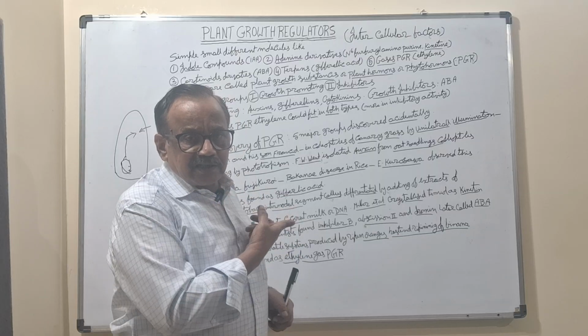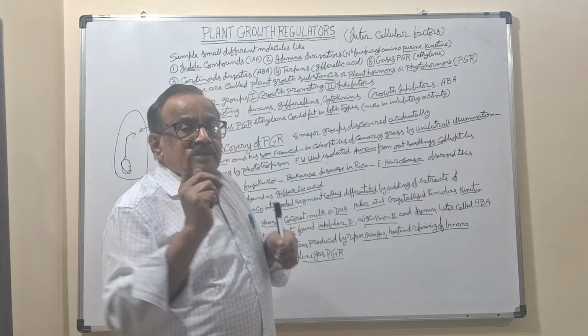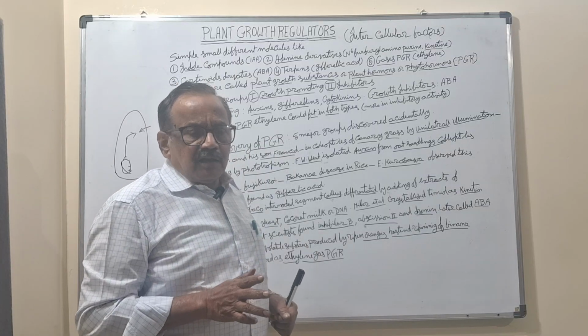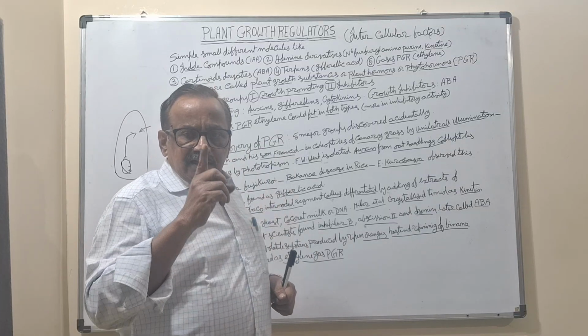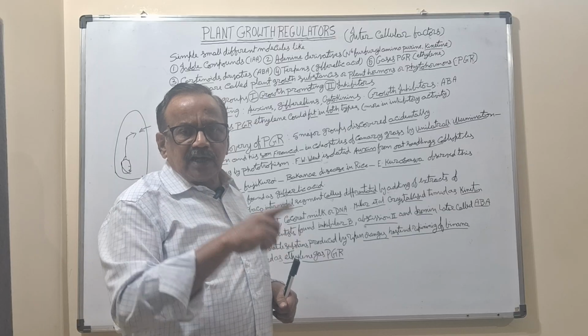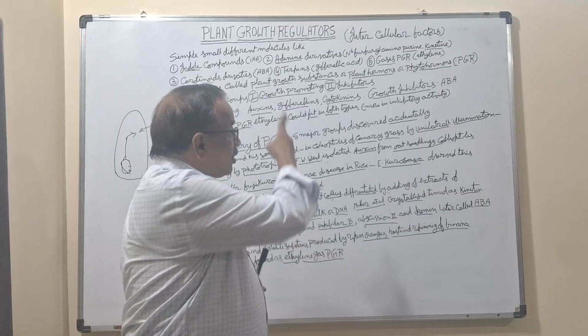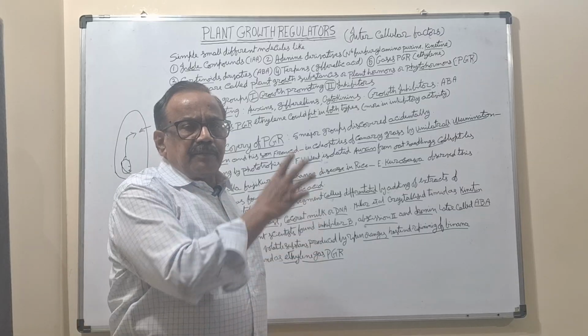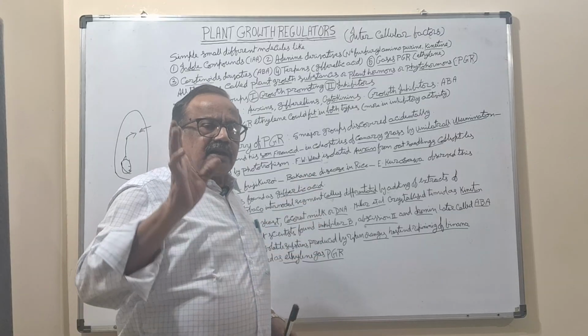He has not mentioned this information while reading other plant growth regulators, so he will ask by mixing it in. In that way it is a most important thing. So carefully listen to this video and note the important points from it. Then if he gives any bit from this, you can give the answer.